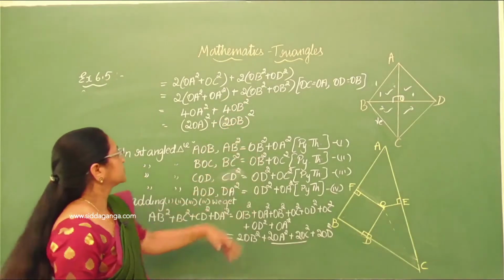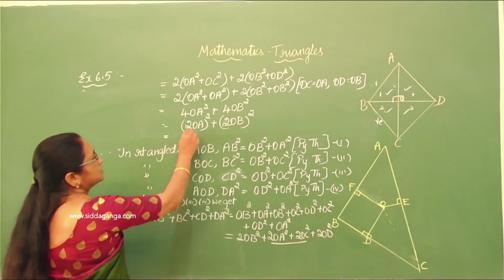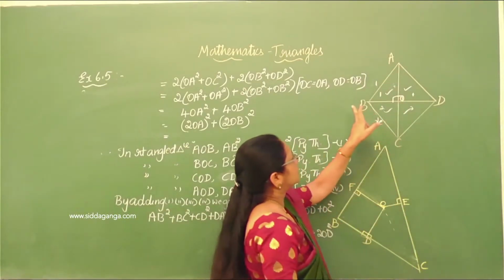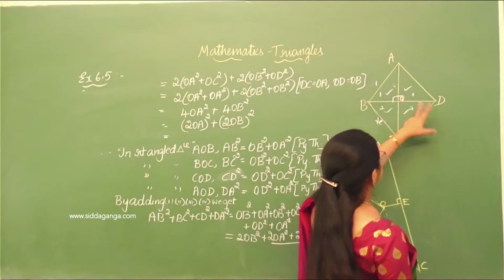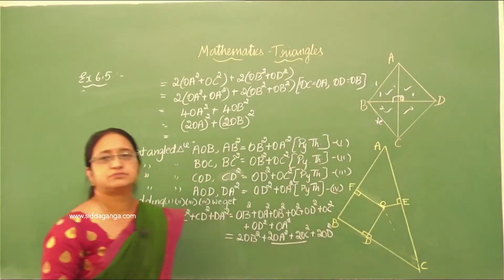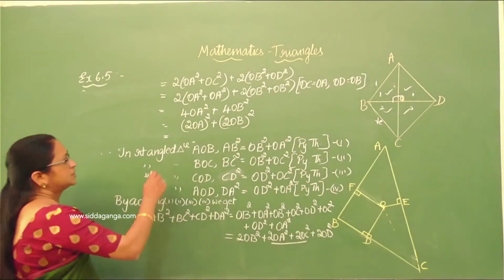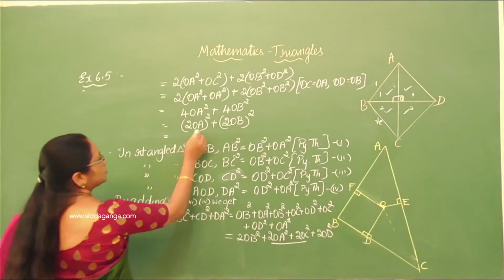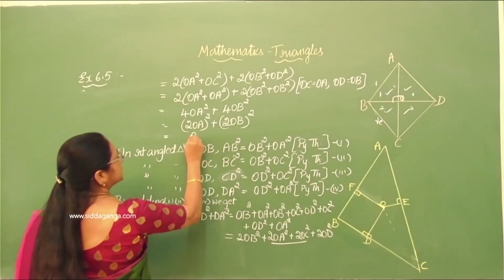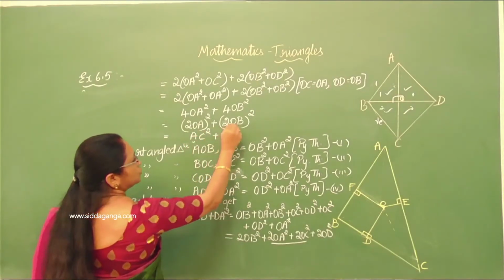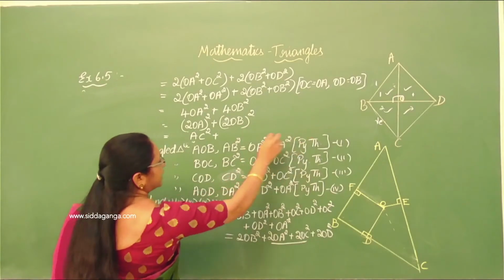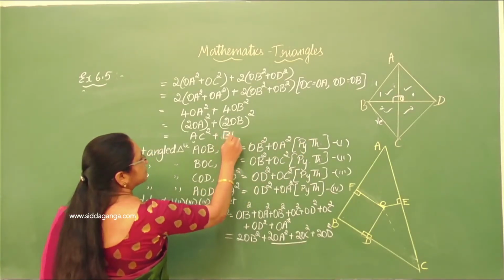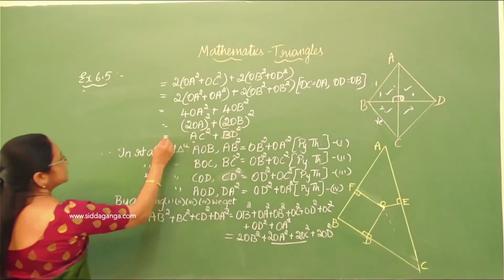Yes. So why did I write this? Because 2 OA is nothing but AC, and 2 OB is nothing but BD. So here we can write, I'll write here only: 2 OA is nothing but AC square, and 2 OB, by the diagram, is BD square. So hence, what is this?